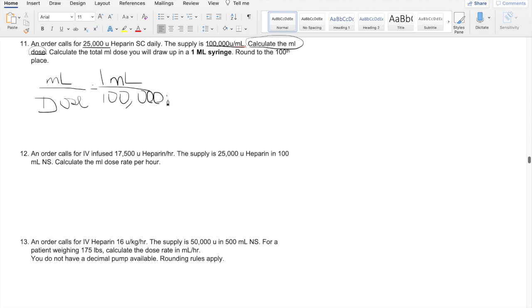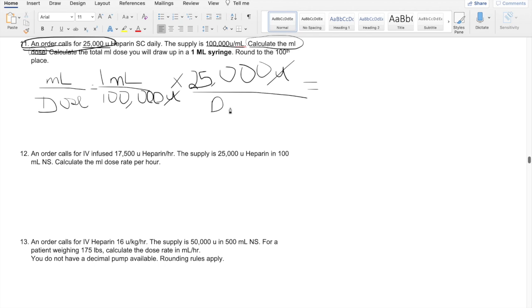And we're going to put units at the end right here times the order, which is going to be 25,000 units. Okay, so we cross that out, units and units, looking good.